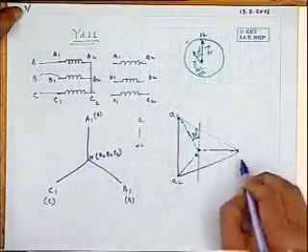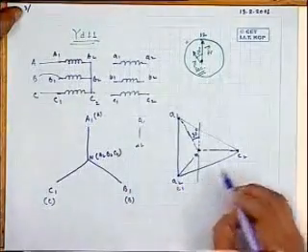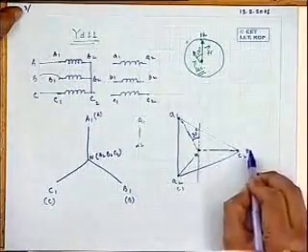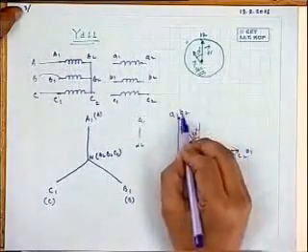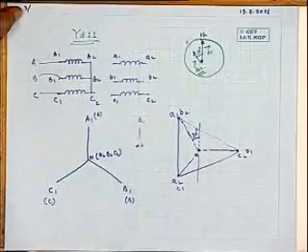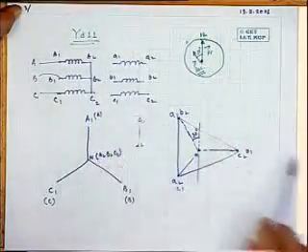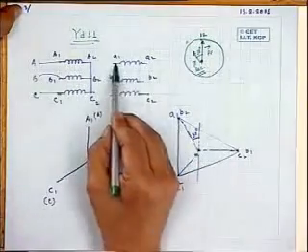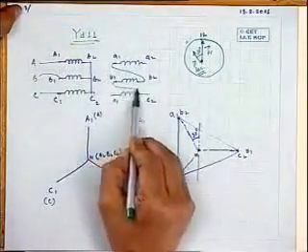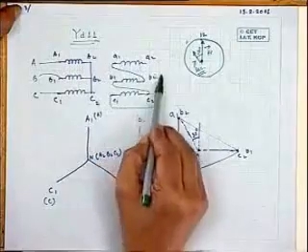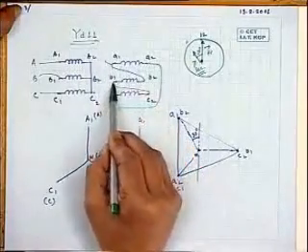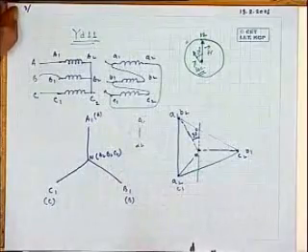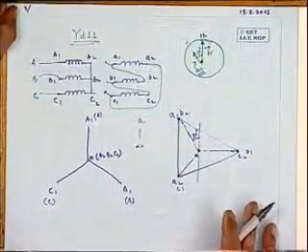Similarly, C2 C1, you can easily show this is parallel to this C2 C1. And finally, this will be B1 B2. And therefore now I can complete this connection, that is A1 with B2 by looking at this diagram: A1 B2, B1 C2, C1 A2, and you take outputs from the appropriate junctions to supply the load.